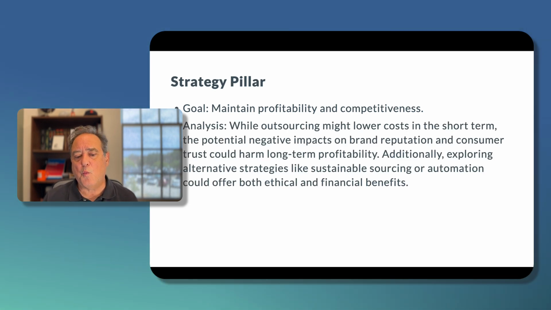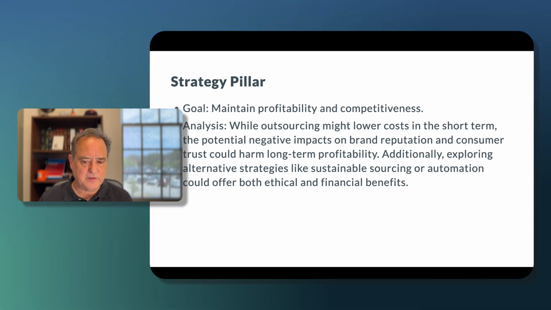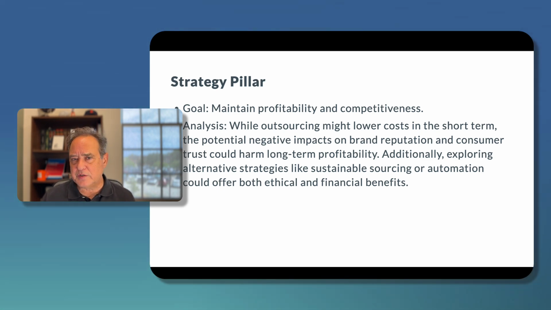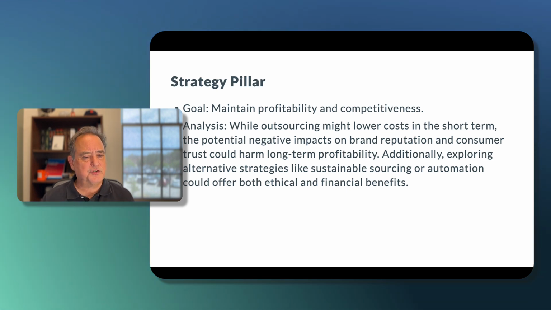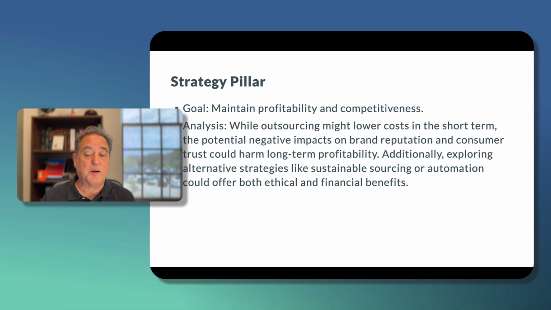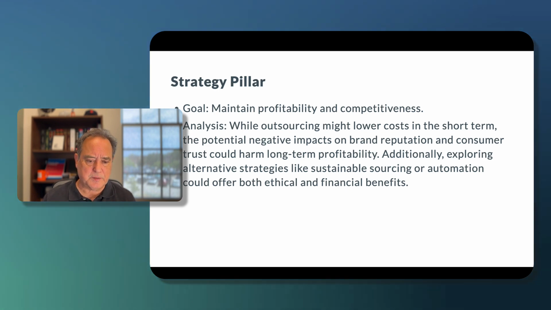So when we analyze it from the strategy perspective, we know that outsourcing might lower cost in the short term, but there are potential negative implications for our brand reputation and our consumer trust. And in time, those will hurt our long-term profitability. So the benefit of this decision may be very short-term.